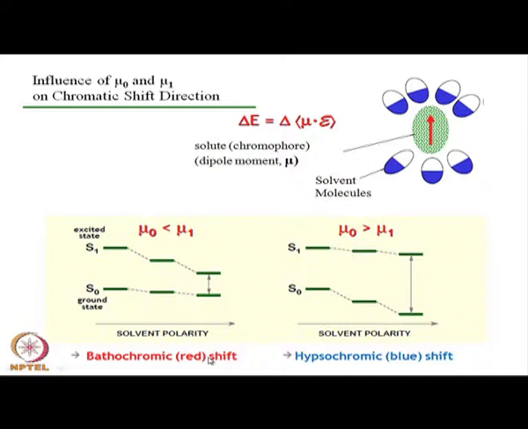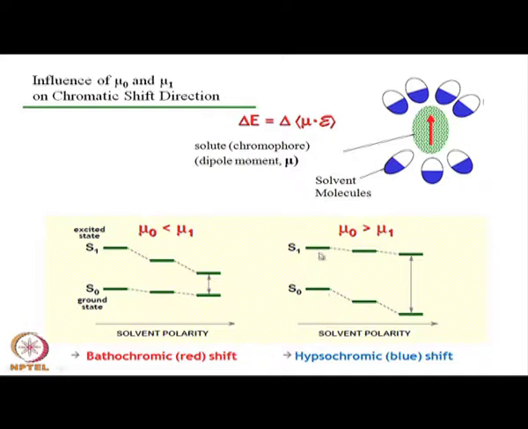Now compare the other situation, where the ground state is more polar than the excited state. Therefore the ground state will be more stabilized. More stabilized means you can expect the reverse trend, the hypsochromic shift or blue shift, in your absorbance gap and consequently in the emission frequency, if it emits from S1 to S0.